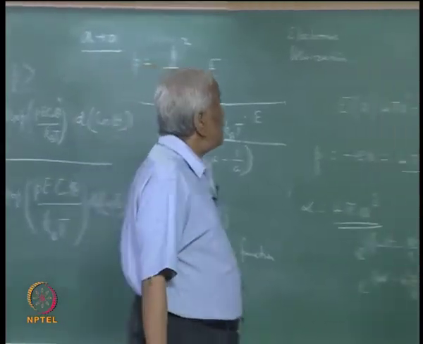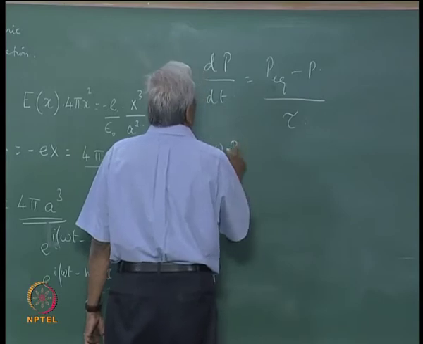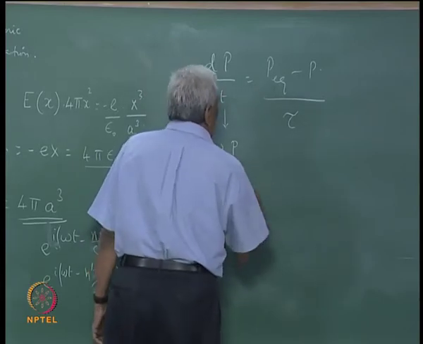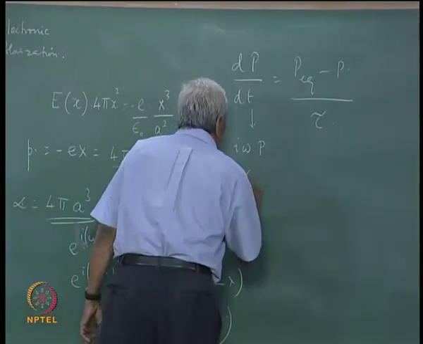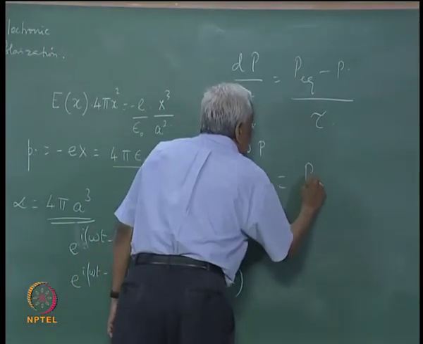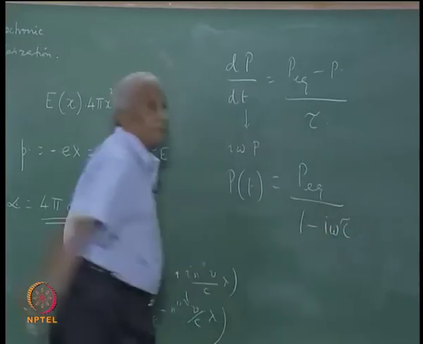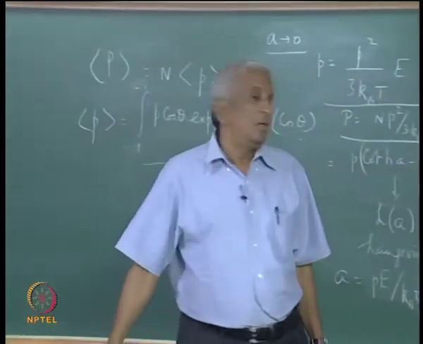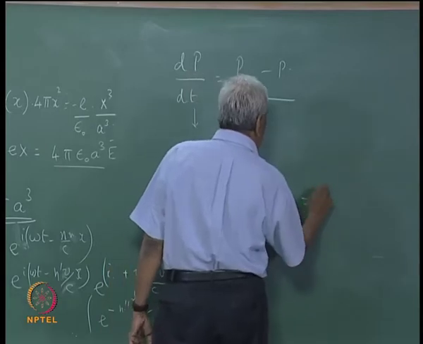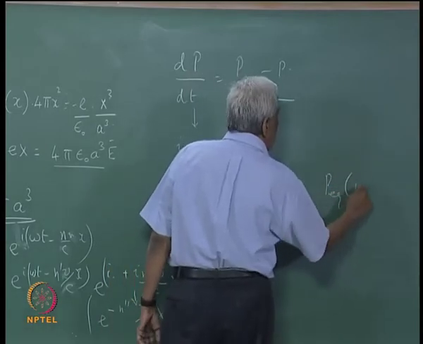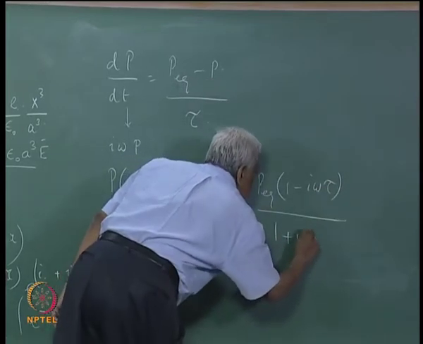This gives you a rate equation, which gives P equal to P equilibrium times (1 minus i omega tau) by (1 plus omega square tau square).